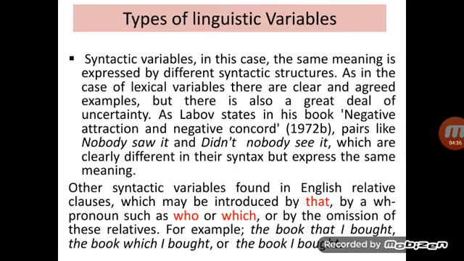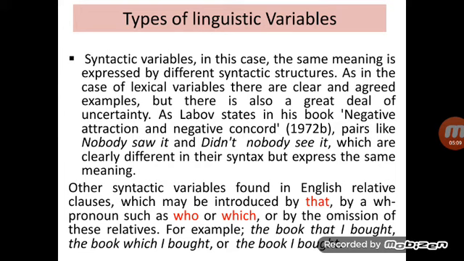The last variables are syntactic, in which the same meaning is expressed by different syntactic structures, as in the case of lexical variables that are clear and agreed examples. But there is also a great deal of uncertainty, as Labov states in his book Negative Attraction and Negative Concord, 1970. Pairs like nobody saw it and didn't nobody see it are clearly different in their syntax, but express the same meaning.